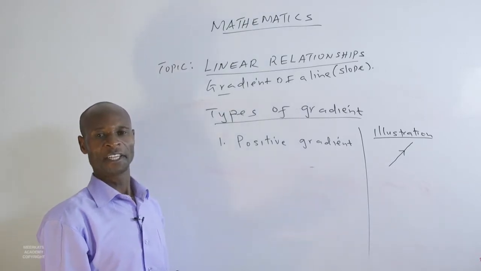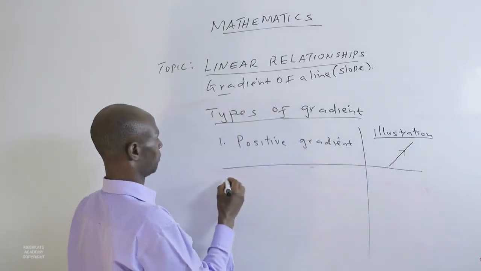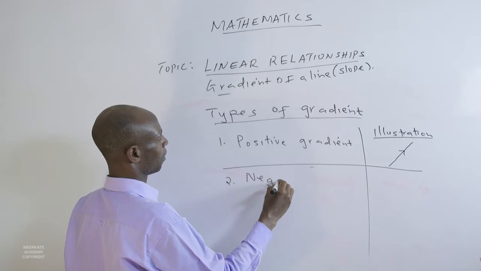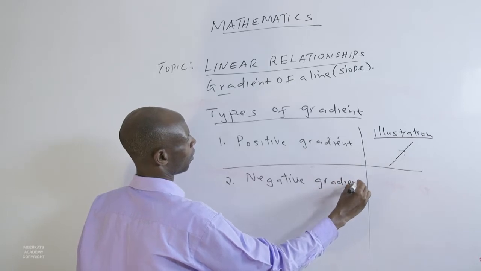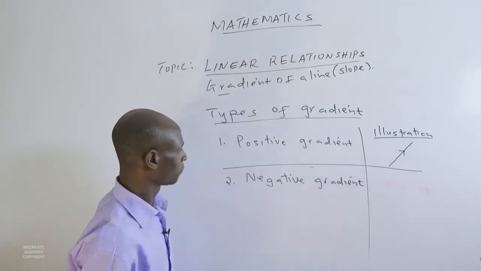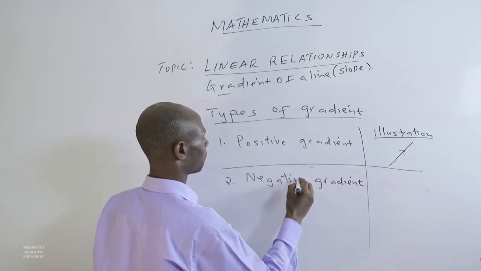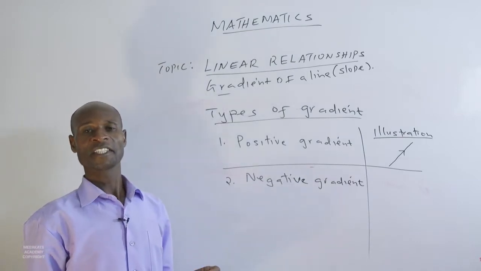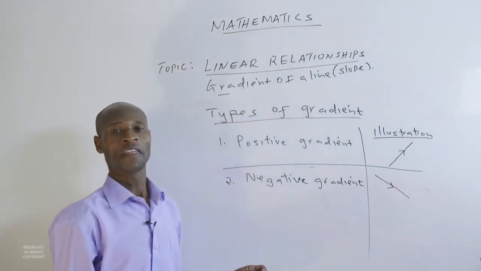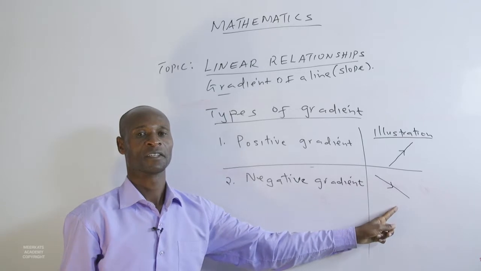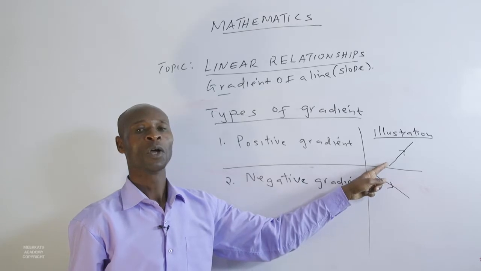The second type of gradient is called negative gradient. We can illustrate the negative gradient as shown. In that case, the y values decrease from left to right, while for positive gradient, the y values increase from left to right.